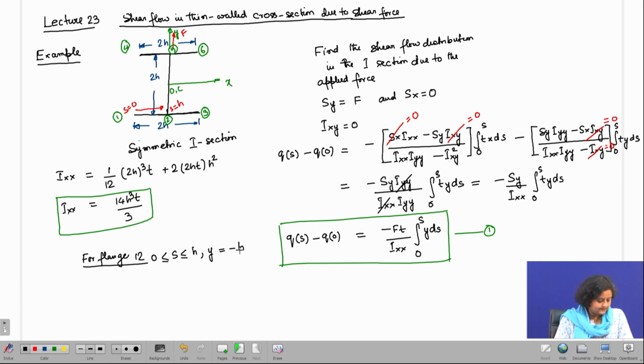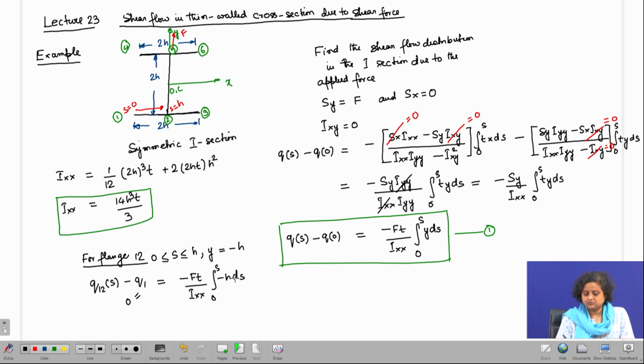So, if we plug this into the equation, we will see that q12 s, now q0 is q1 which is of course equal to 0, and that is going to be minus F t by Ixx into y, which is minus h, into ds.